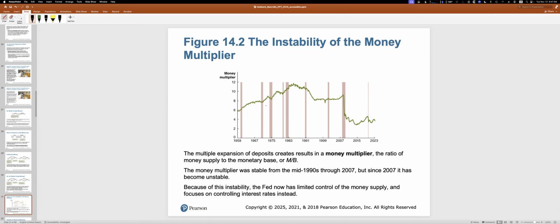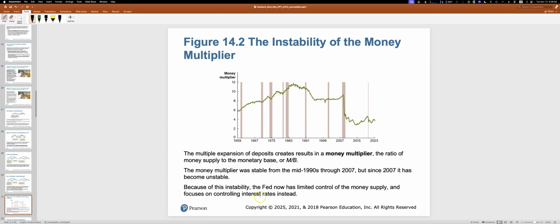And so that money multiplier used to be pretty stable over time, but now it's pretty unpredictable. Which means that for the Federal Reserve, it has a little bit of a harder job.